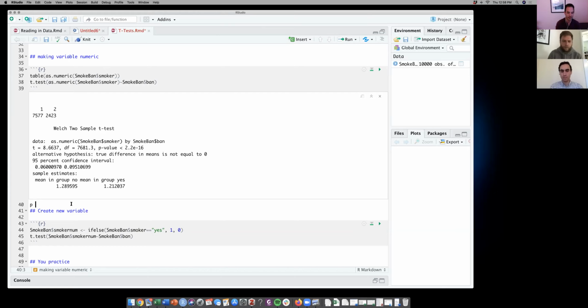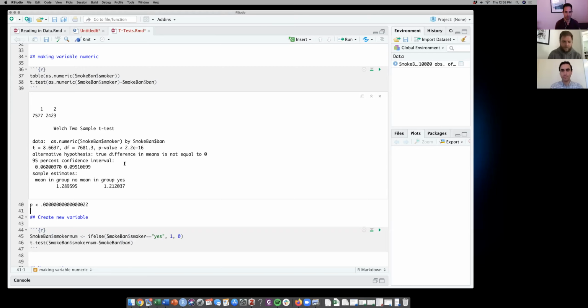P is less than 0.1, 2, 3, 4, 5, 6, 7, 8, 9, 10, 11, 12, 13, 14, 15. This is what our p-value is, which is much less than 0.05. And so we would say that, yes, there is a statistically significant difference in this data. And so we are confident that in the population, there is also a statistically significant difference made by workplace smoking bans and how many people smoke.